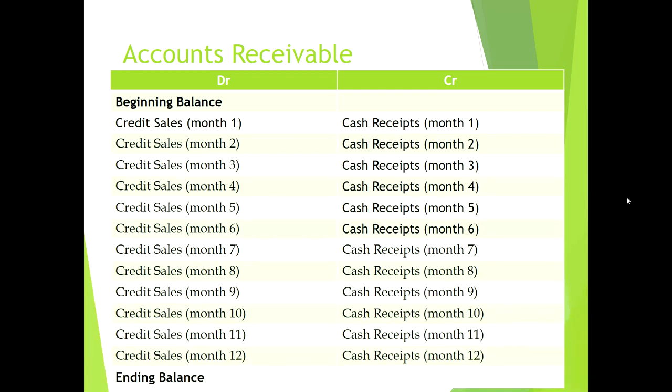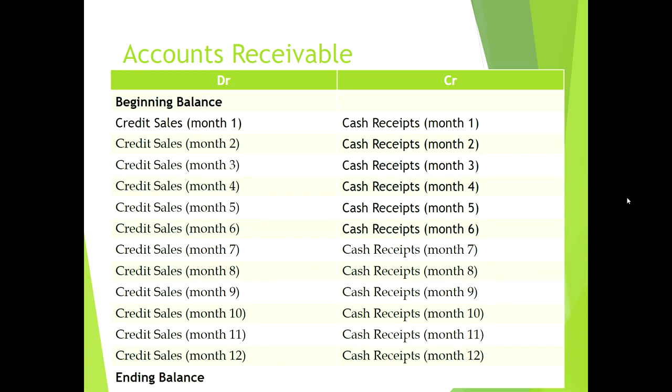So if you look here, this is an example of what an accounts receivable T account would look like over the course of a month. Let's say that credit sales are accumulated on a monthly basis.